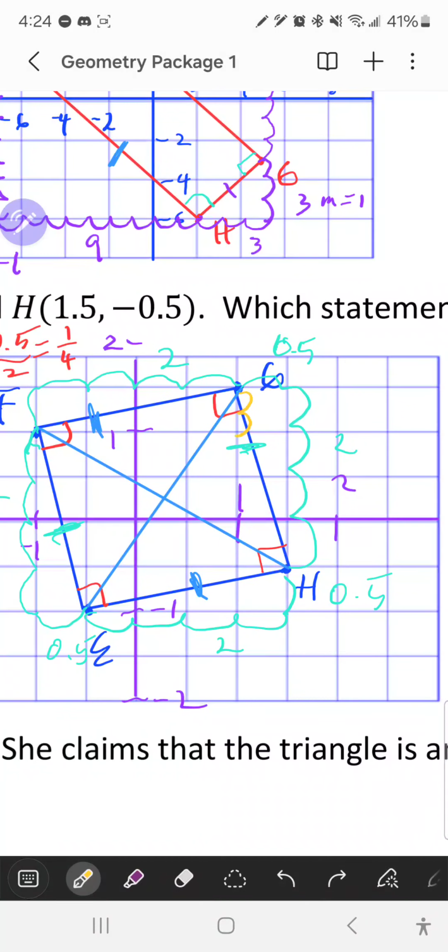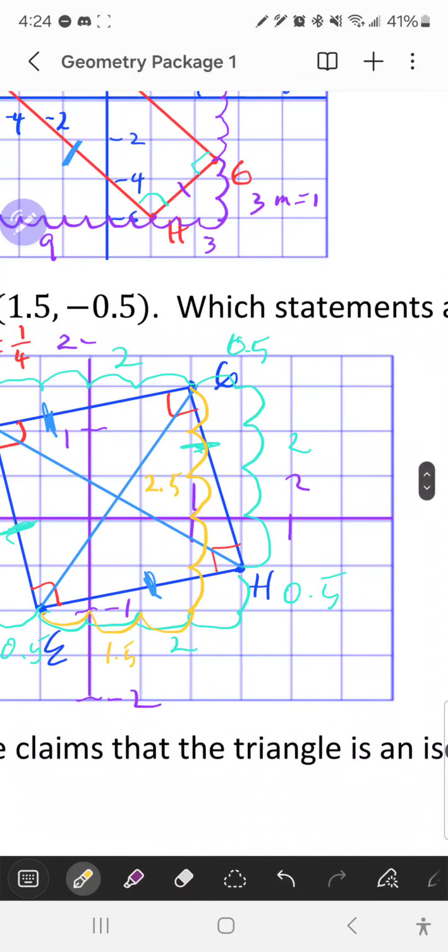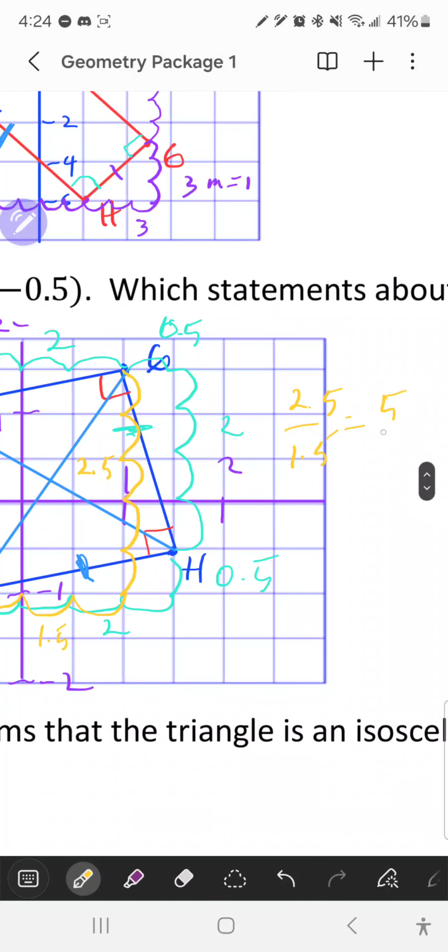So 1, 2, 3, 4, 5. So 5 times 0.5 is 2.5. And then 1, 2, and 3, and 3 times 0.5 is just 1.5. So the slope, rise over run, is going to be equal to 2.5 over 1.5, which is the same as 5 over 3.